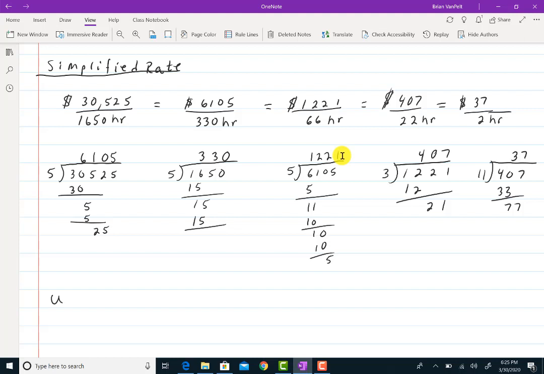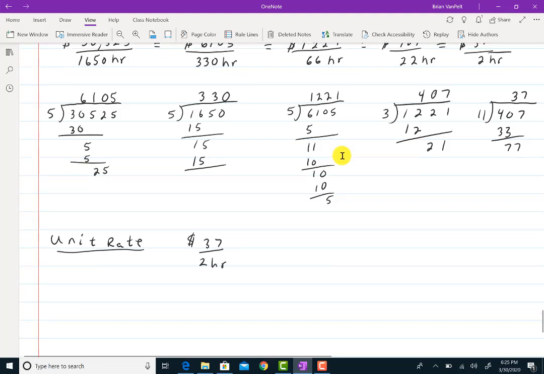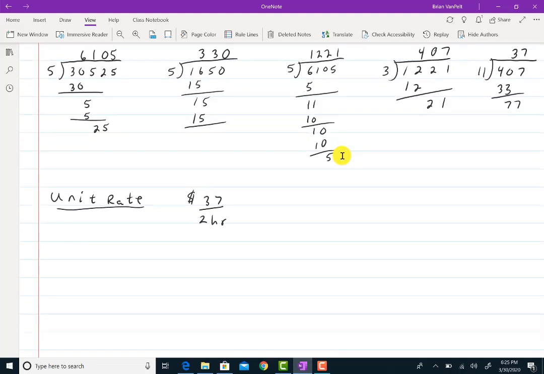But if I wanted a unit rate, I would have to take my 37 over 2 and do long division until it's done. So I would have 2 goes into 37. It'll go into 3 once. It goes into 17 8 times.